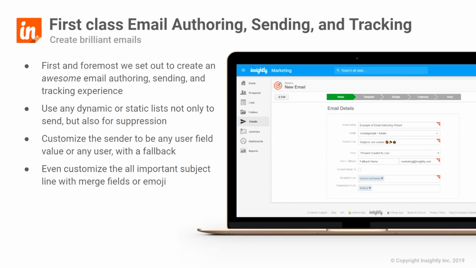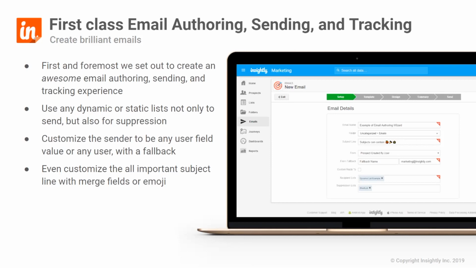Sending emails to any number of lists or audiences, and we even have a feature called suppression lists to exclude specific customers from getting emails. It's very handy for excluding competitors or subsets of different users.